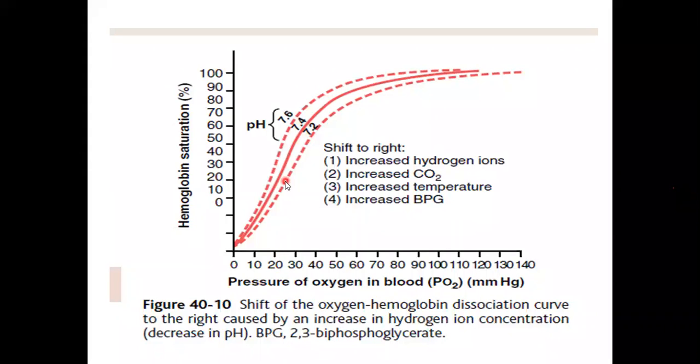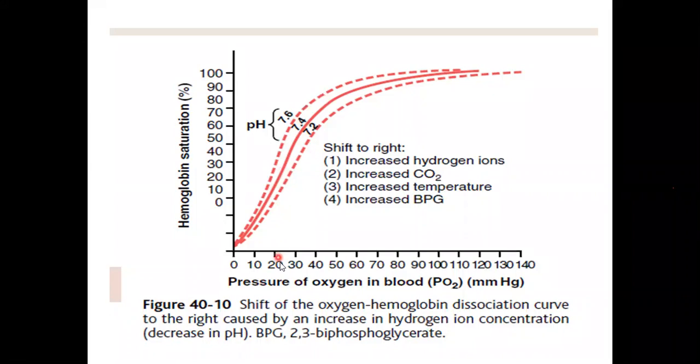In the skeletal muscles, what happens? Around 62% of the oxygen will be given at 20 mm of Hg of partial pressure of oxygen.